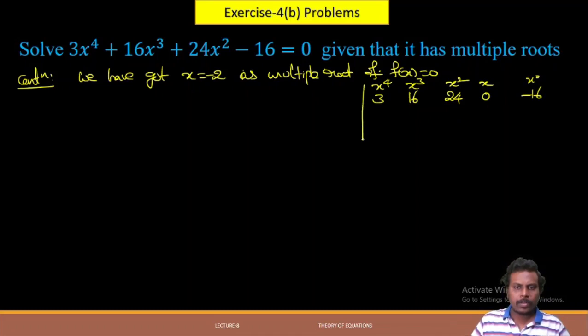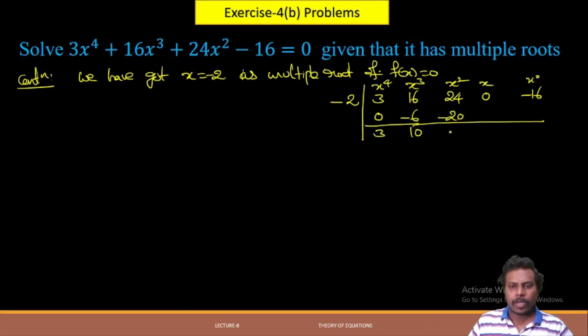Okay, so let me divide by x - 2. Let us see what the quotient is. This becomes 3, -2 into 3 is -6, this becomes 10, this is -20, 24 - 20 is 4, -2 into 4 is -8, this becomes -8, -8 into -2 becomes 16, so this becomes 0. So x - 2 is a factor of it.